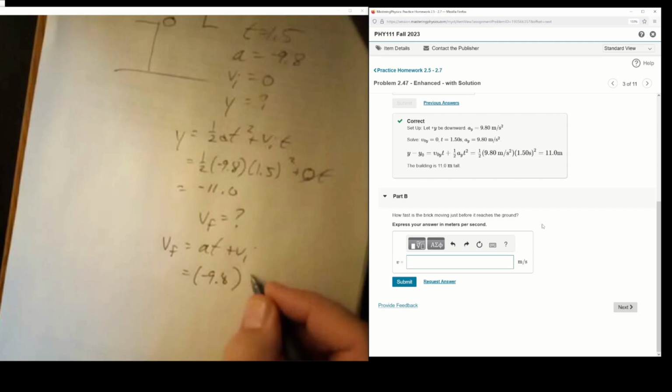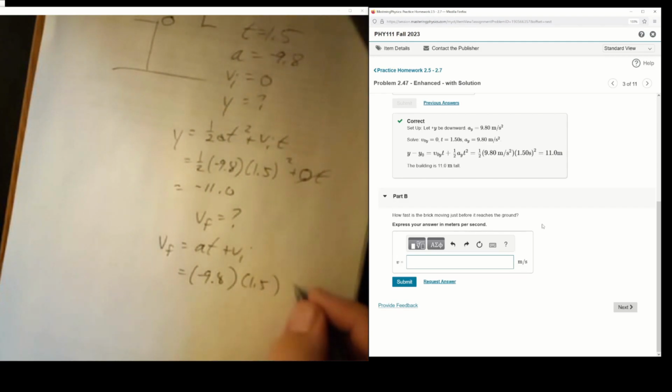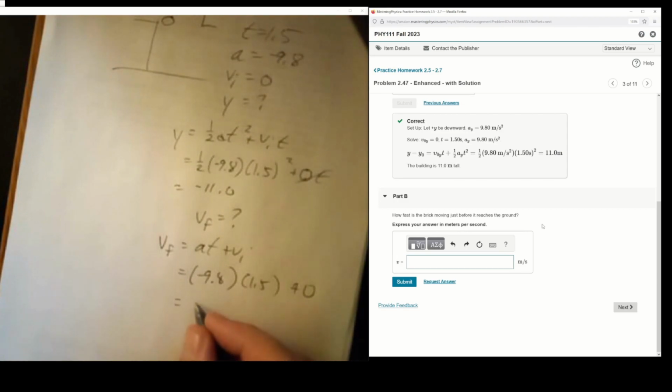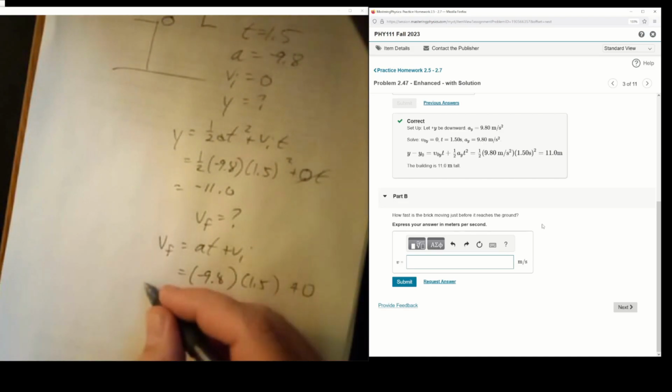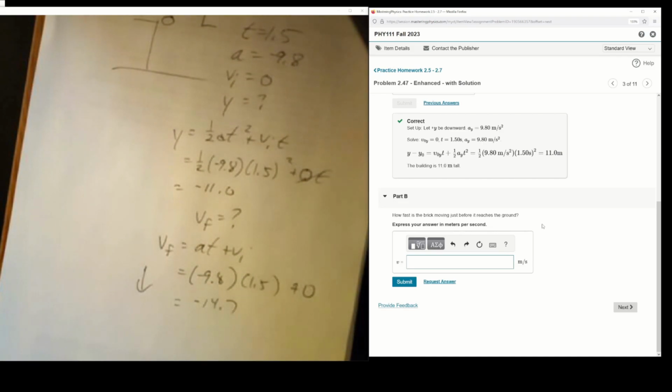Our time was 1.5, and our initial velocity was 0. We just dropped it. And it is going down when it lands, so we expect a negative value for going down.